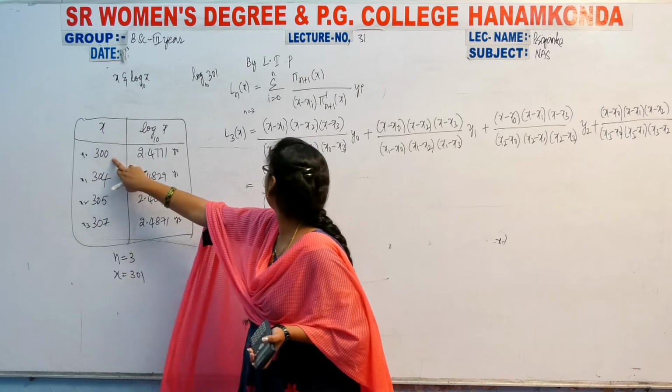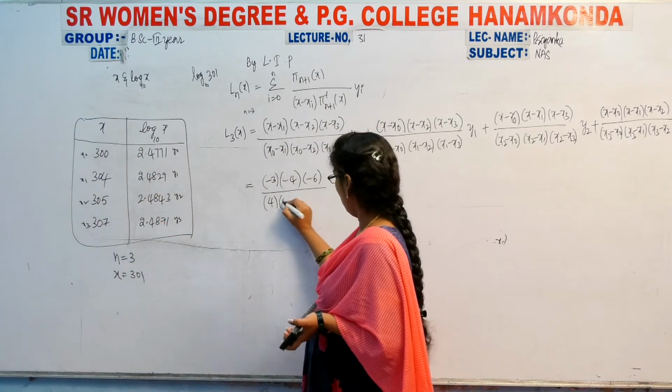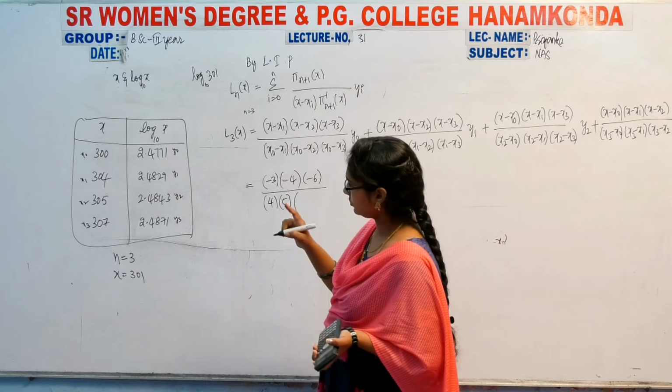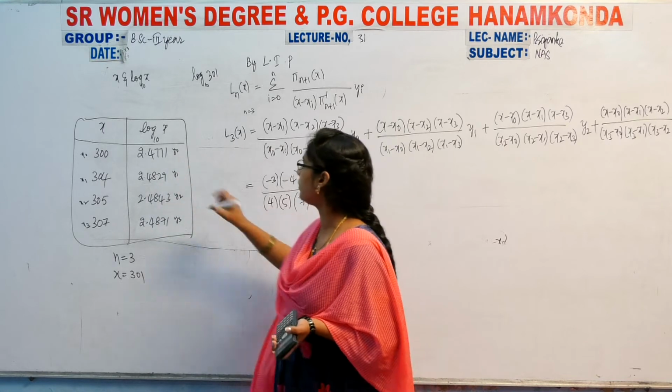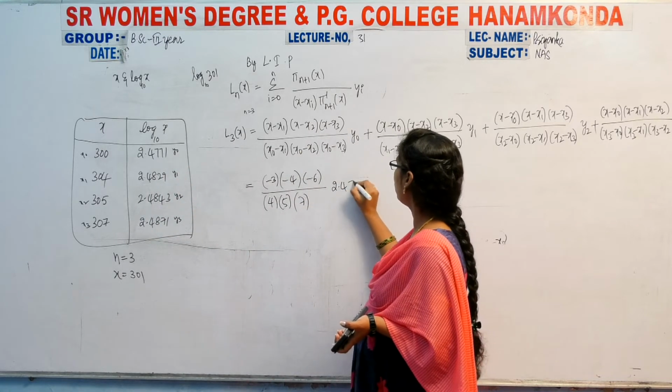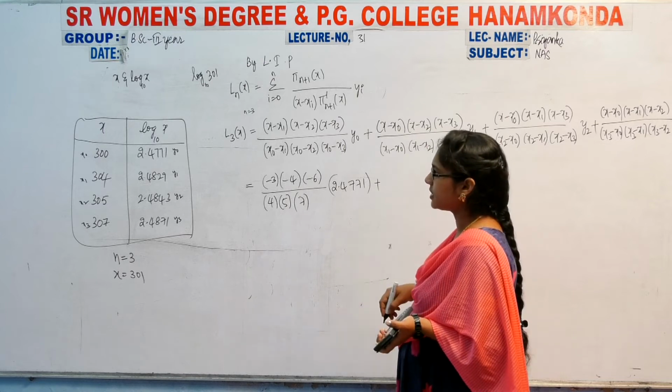Next, 300 minus 305, minus 5. 300 minus 307, minus 7, into y0. What is y0 here? 2.4771 plus x minus x0.